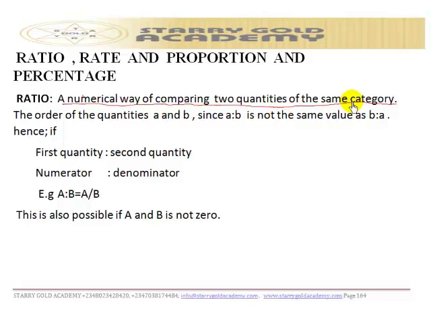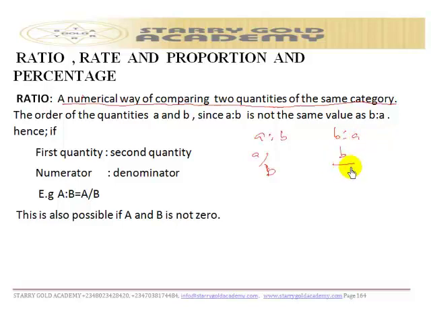we have, for example, A ratio B. If you compare A ratio B, you are saying A over B. However, A ratio B is not the same as B ratio A. Even though they look like twins, they are not twins.